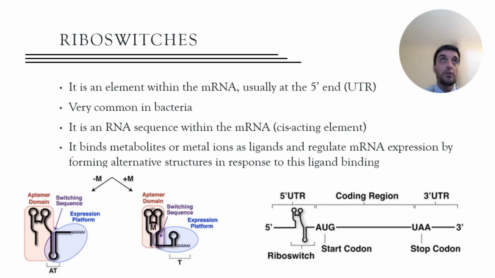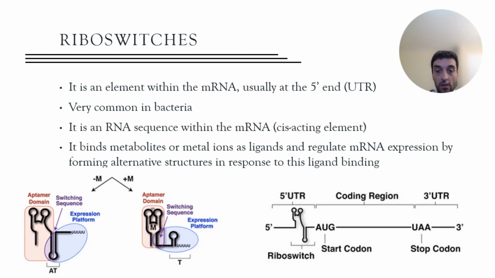And riboswitches are something very interesting that was discovered in the last 20 years. It's an element within the mRNA, usually in the 5' UTR. They're very common in bacteria, and what happens is that it regulates the expression of translation by folding, and when it folds, it allows the connection with ribosomes to start the translation.